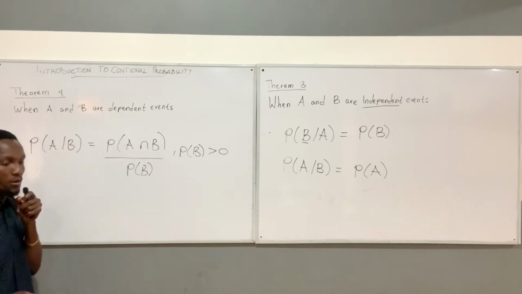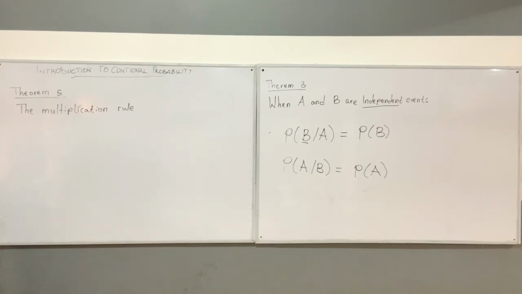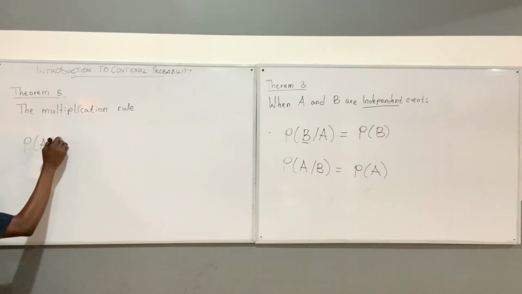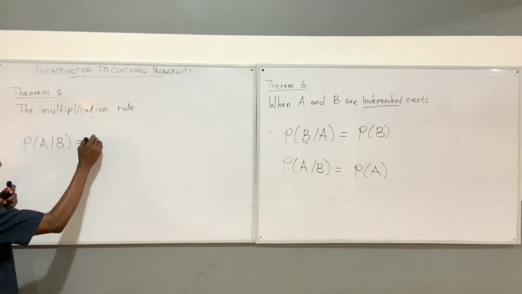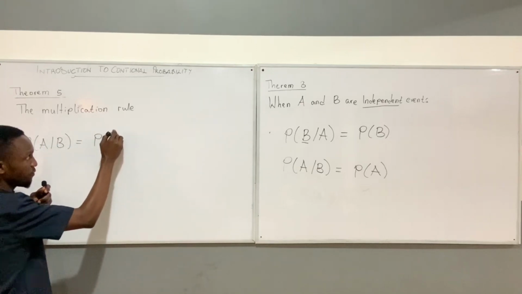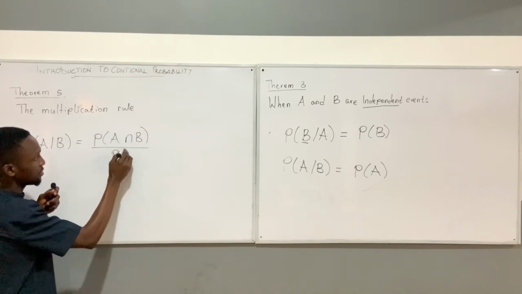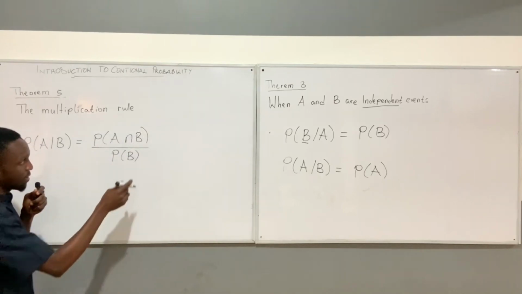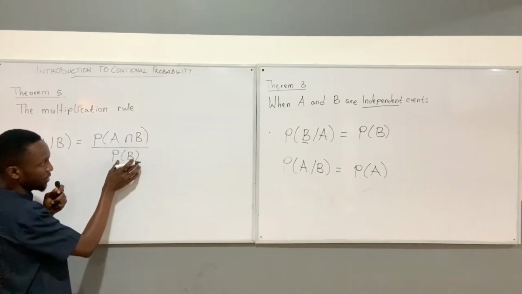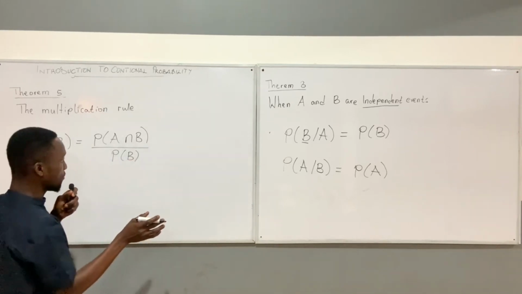So let's move on to theorem 5. In theorem 5, I will talk about the multiplication rule. From the conditional probability of our first rule, we learned that the probability of event A as event B has already occurred gave us the probability of A intersection B dividing the probability of B. Remember that the probability of the event B here should be greater than 0.